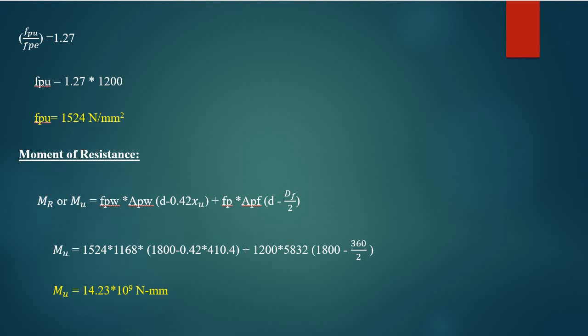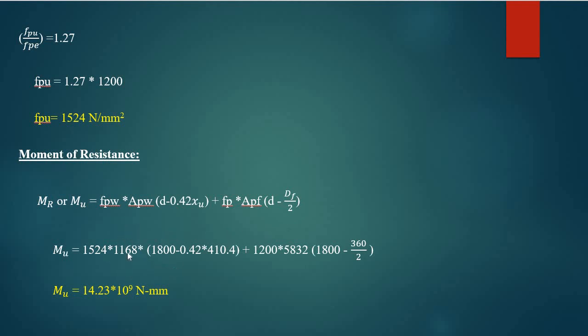The moment of resistance formula is this one. This formula is applicable for the neutral axis lying in the web. If the neutral axis is in the web, then we should consider this formula, that is MR or MU equal to FPW into APW into (d minus 0.42 XU) plus FP into APF into (d minus DF by 2).